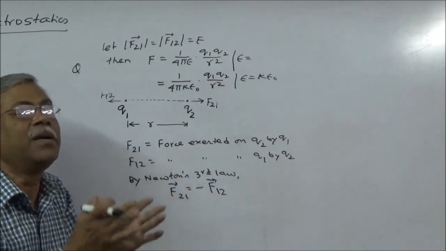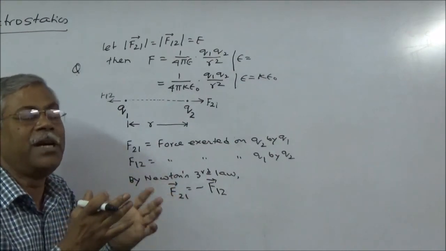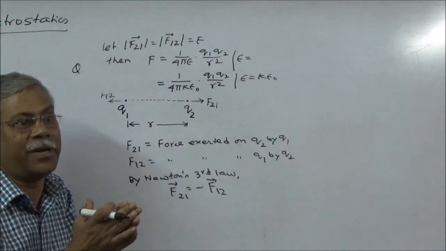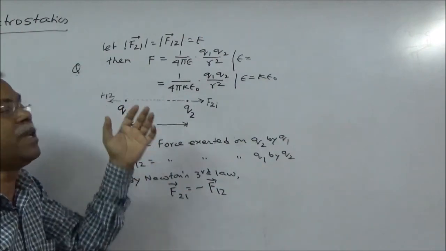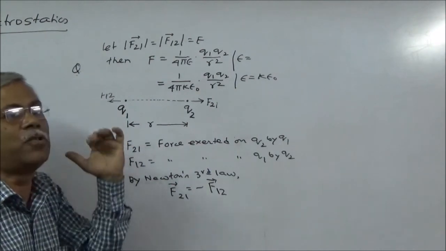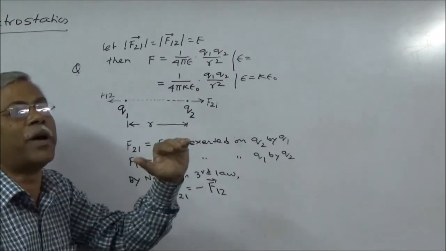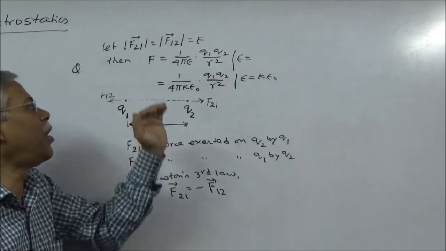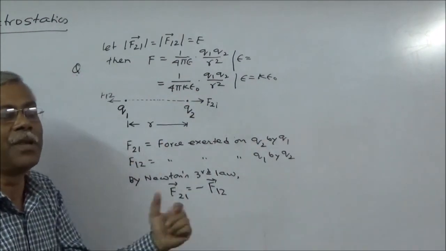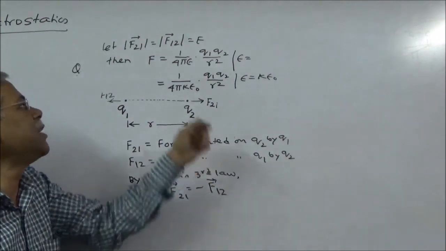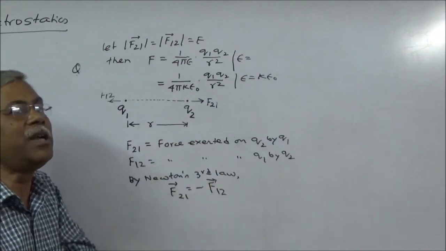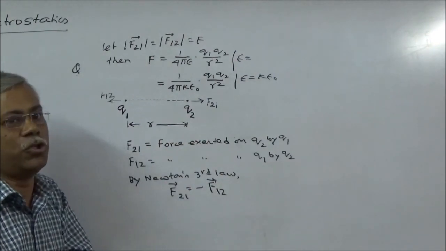For example, vacuum or air, its permittivity is excellent, so it allows the electrostatic force to easily propagate. Consider any medium other than vacuum, for example rubber. Permittivity of rubber is not that good.